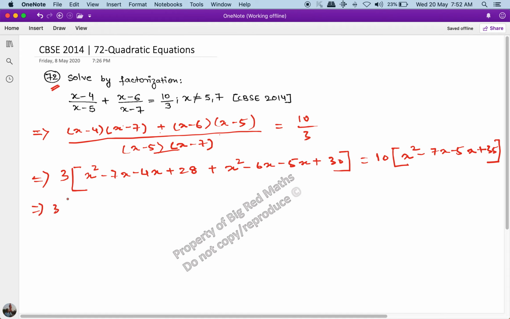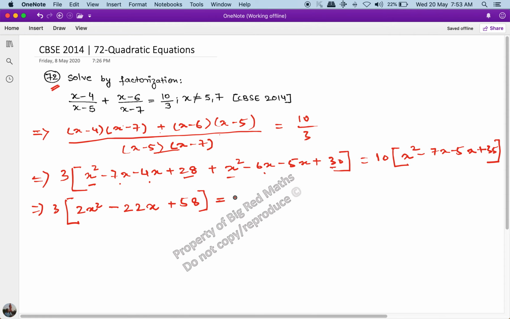Now 3 times, let me collect all the x square. When I collect the x square, I get 2x square. Let me collect all the x: 7x and 4x is 11x, 11 and 6 is 17, and 5 is 22x. So this is minus 22x, plus 58, since 30 and 28 is 58.